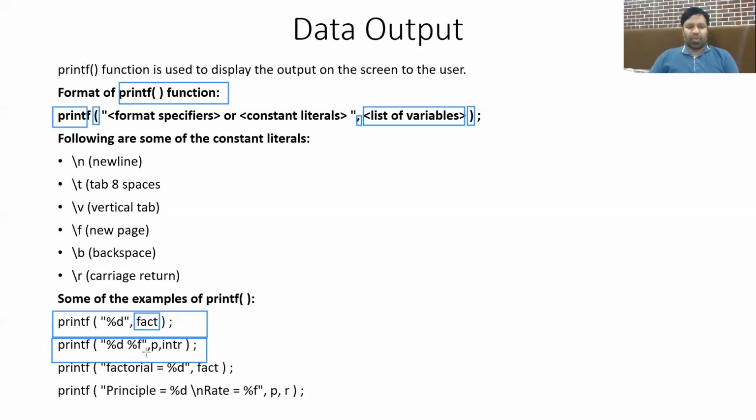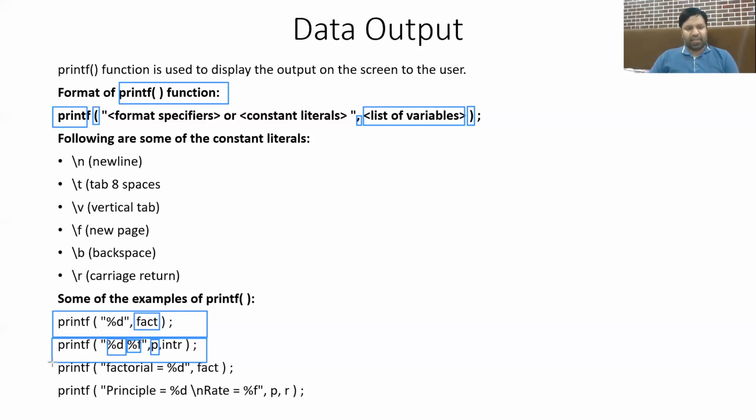So we have to provide the list of those variables also. P is the first variable and it will be of integer data type, and INTR is the second variable which will be of float data type. So this is how we can display the value on the screen.